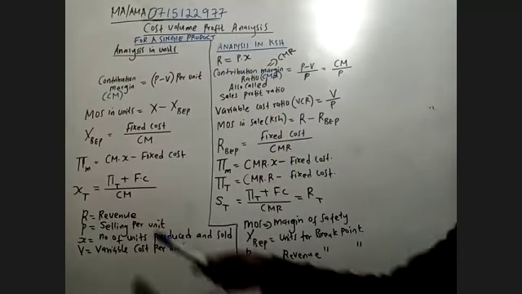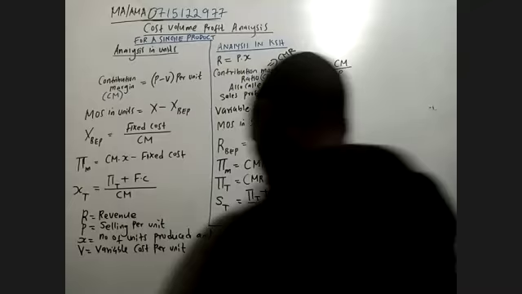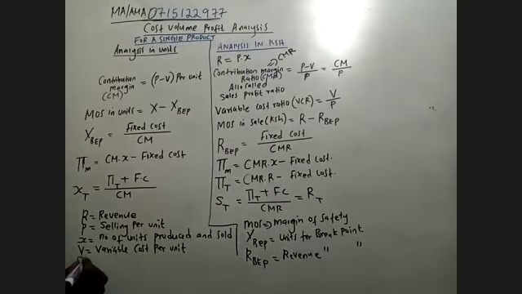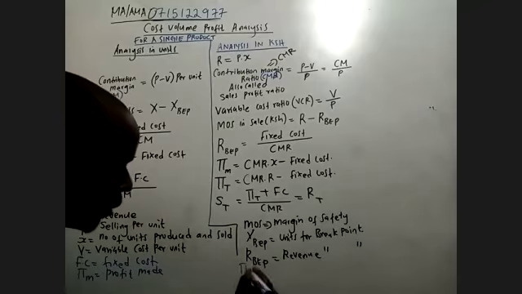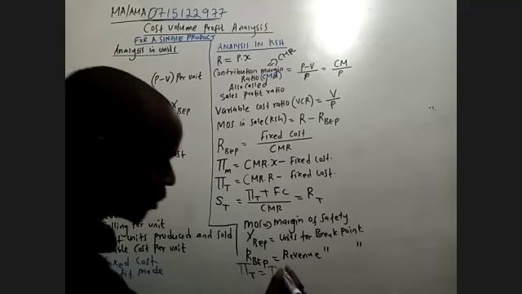R, the revenue. FC, the fixed cost. And then the profit made. Then it is targeted profit.